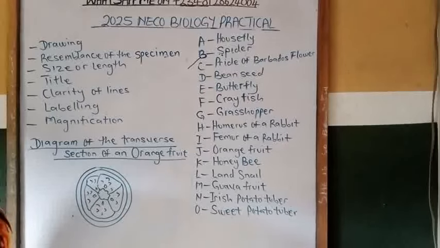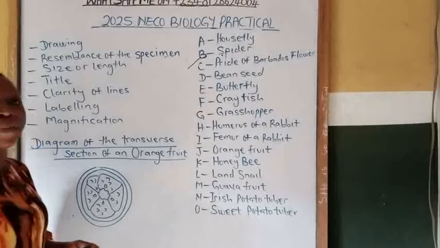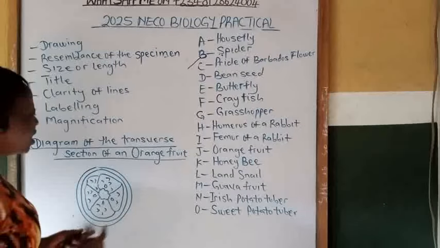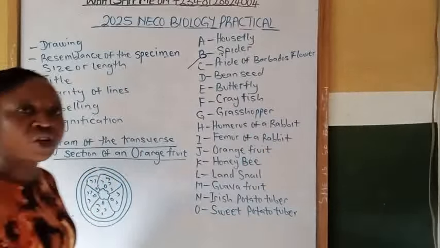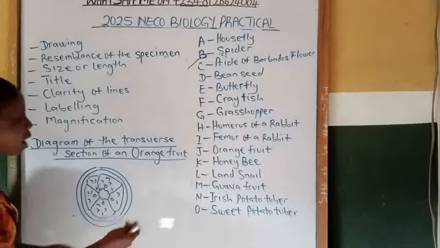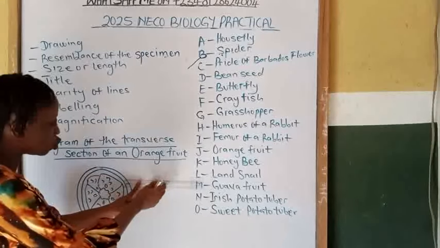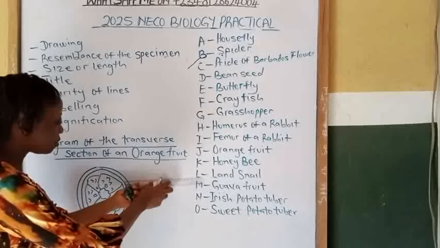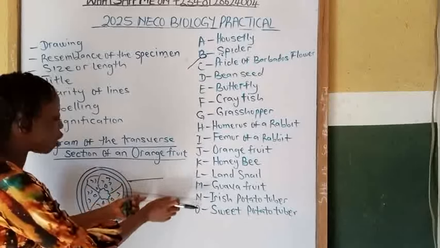So the next one is labeling. You label horizontally with your ruler. See how I'm going to label this one. So the first layer of this diagram, you place your ruler on it.